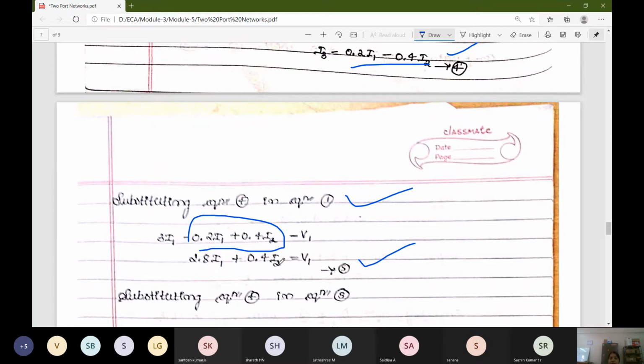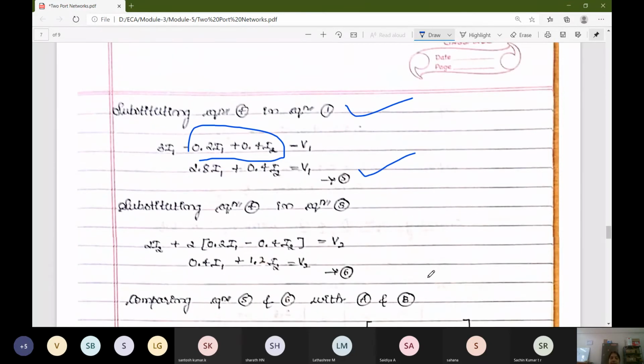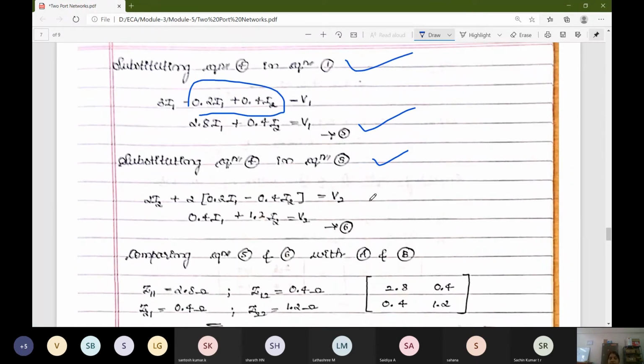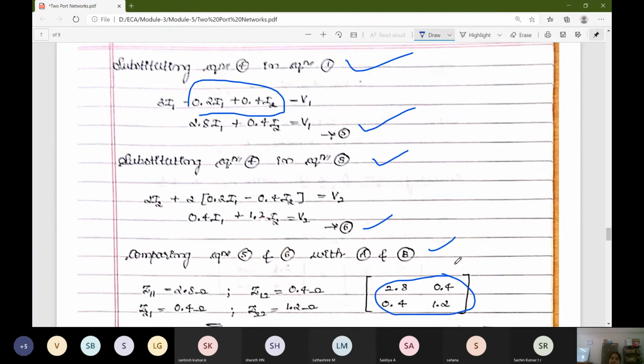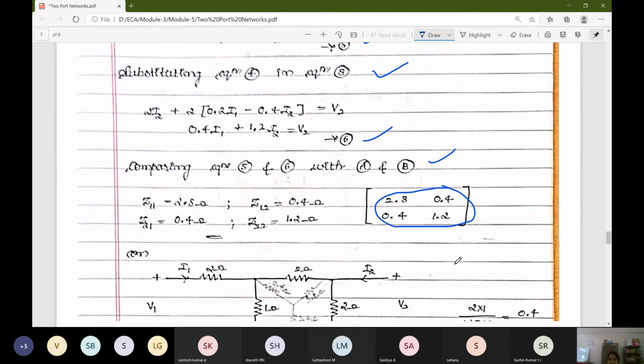So we have only I1 and I2, and you can compare with the standard equation. Next, substitute equation 4 in equation 3, remove the I3 term and you will get equation 6. Comparing 5 and 6 with the standard equation, we'll get the Z parameters, that is Z11, Z12, Z21 and Z22. This is one method where we assumed one more current I3.